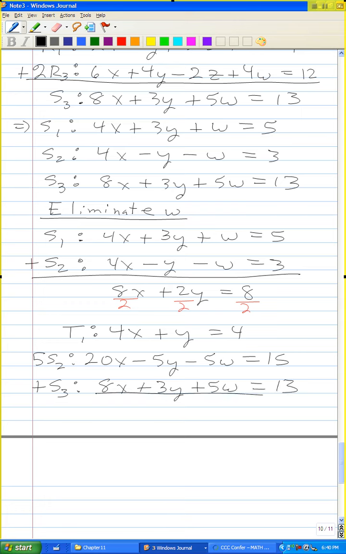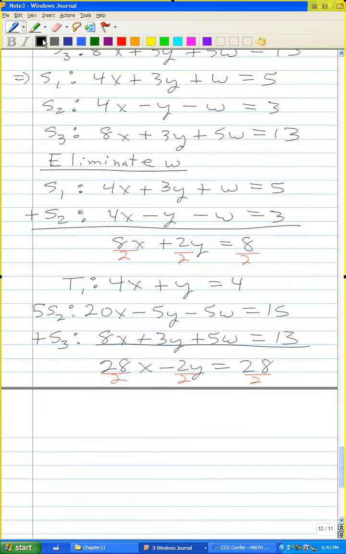And let's add. So I get 28x minus 2y, the w's cancel, is 28. Divide by 2. And so now I get 14x minus y equals 14. So let's call that T2.